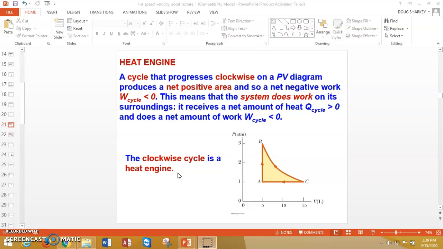What this means is that the system does work on the surroundings. It receives a net amount of heat and does a net amount of work. This is what our cars do. We use explosions within the engine to do work for us. This is what a heat engine does.